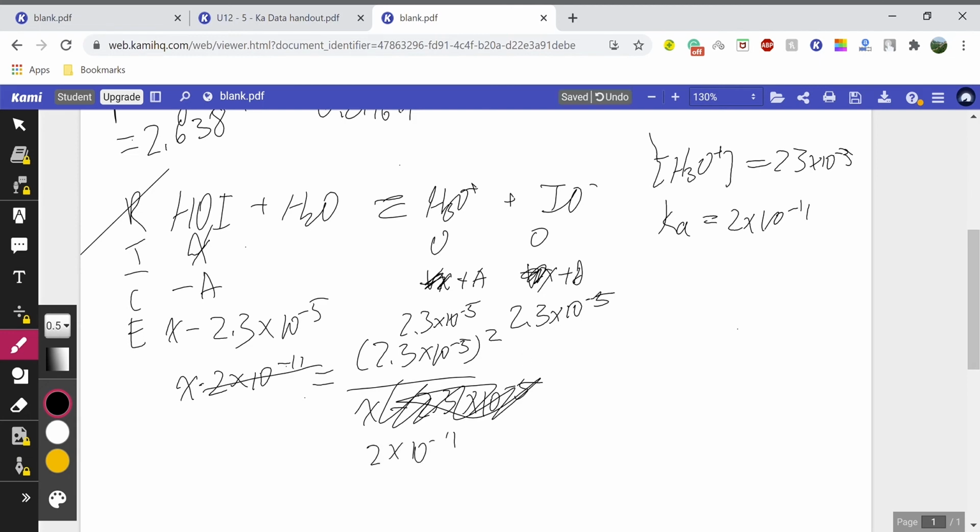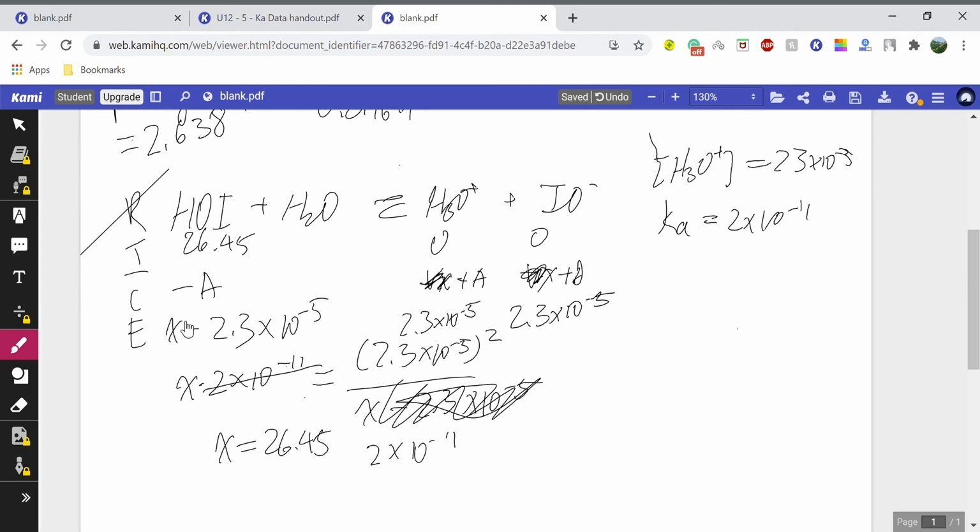So x is 2.3 e to the negative 5th squared divided by 2 e to the negative 11th, which gives you 26.45. Now that we found x, we know the initial is 26.45. 26.45 minus this number, which is smaller than 1.0 times 10 to the negative 4, will give us the same thing.